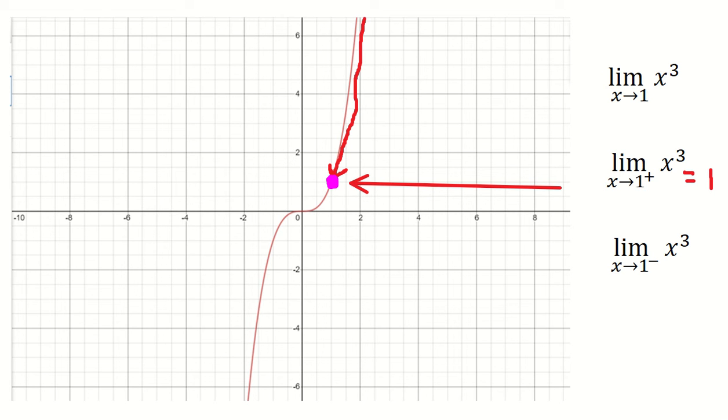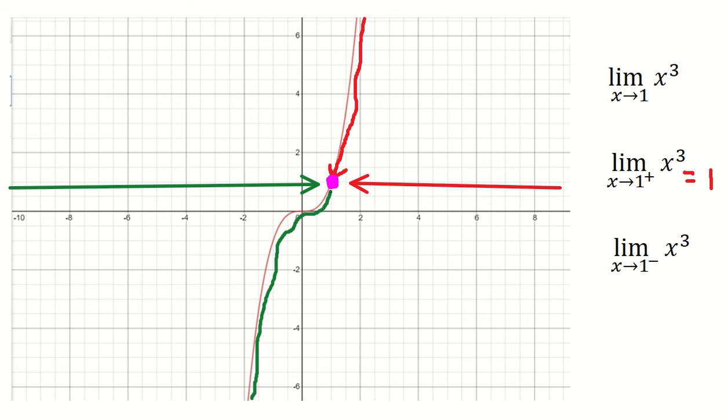Now let's do the exact same thing in a different color. Let's do it in green this time, with the bottom one: the limit as x approaches 1 from the left of x cubed. Here we look at what happens to the y value of x cubed as the x value goes to 1 from the left. We start on the left, the leftmost part of this function, and continue moving to the right until we get to x equals 1.